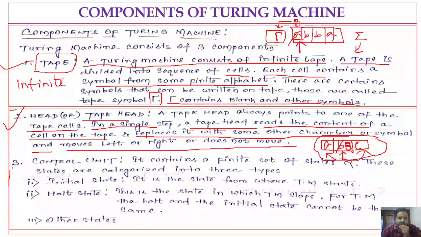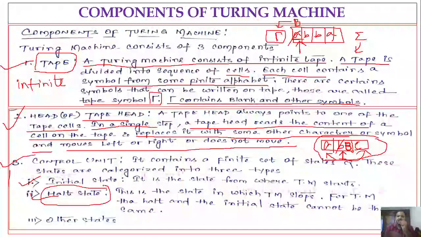Next, the control unit. We already know that the control unit or finite control is responsible for performing the state transitions. In this Turing machine, we have states like the initial state, intermediate states, halting states, final states, etc. The initial state is the state from where the Turing machine starts.